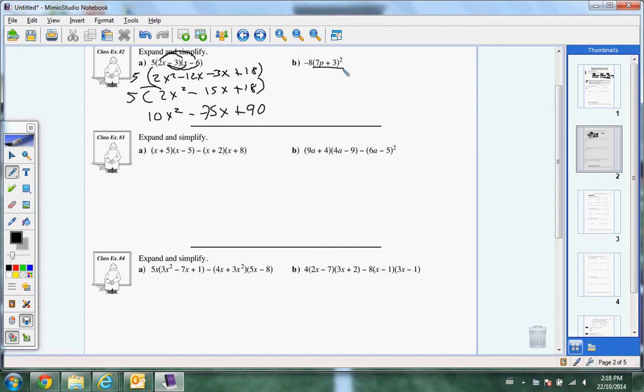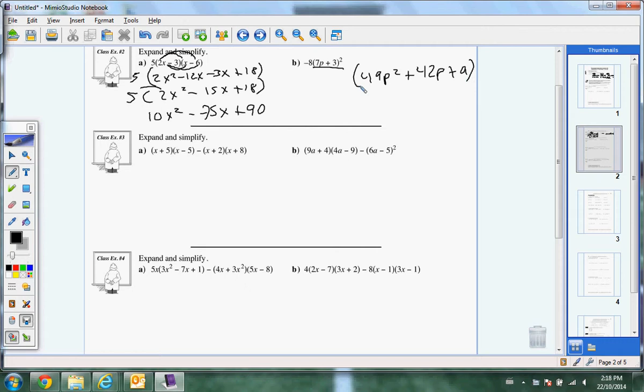Right, which is good. So 49p squared is my first piece. 3 times. Good. 21 times 2 is. Good. 42p, and then that squared is good.